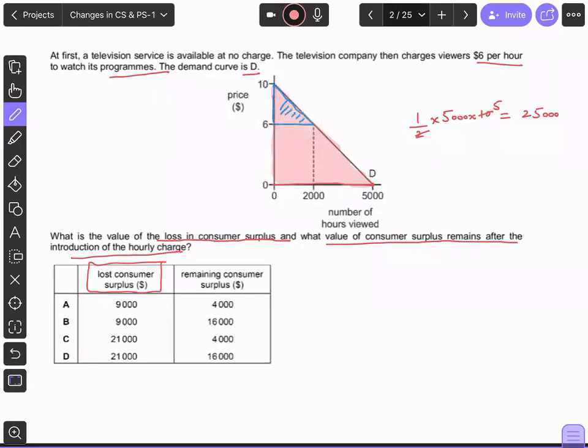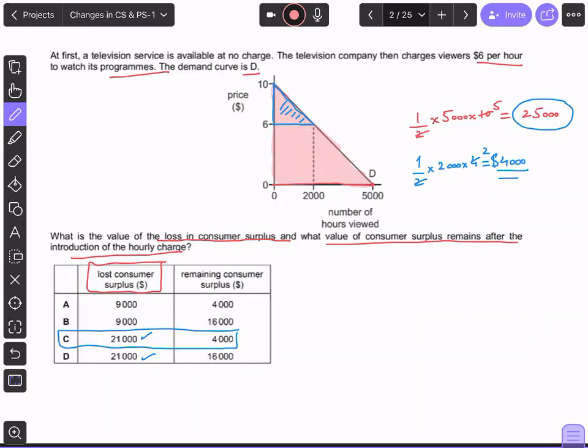So now 1/2, the base is 2,000 multiplied by 4. $4,000. $4,000 is the new consumer surplus, which means the loss of the consumer surplus is 21,000 because earlier the consumer surplus was 25. Now it is 4,000. So the loss is consumer surplus and the remaining one is again, ये हमने calculate पहले ही कर लिया, it is 4,000. Okay? So this is your change in the consumer surplus.